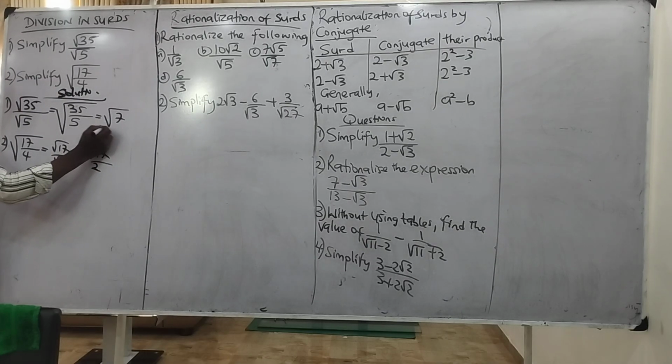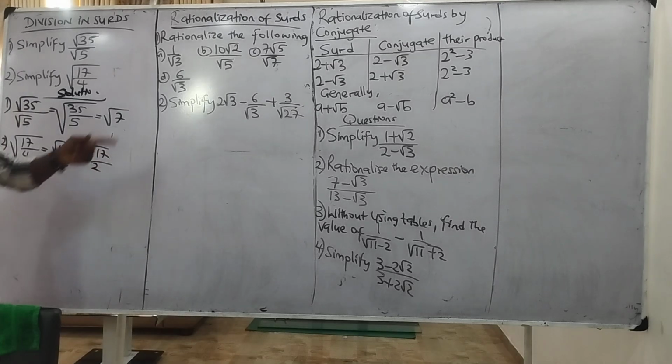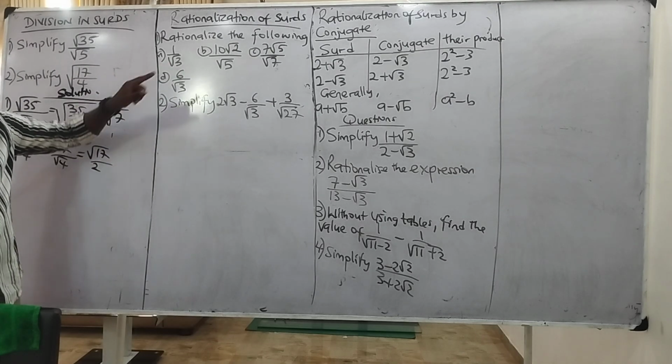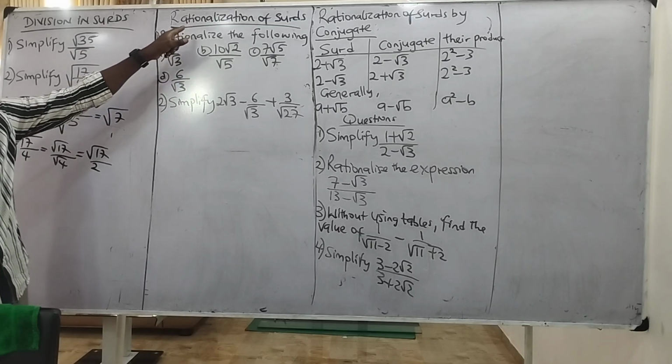The same thing applies here, where this is like over 1. So in a scenario where the number at the denominator can divide the number up, or is a perfect square, it is very easy. But when you get to a point that the number at the denominator cannot divide the number up, that is what we are going to be dealing with.